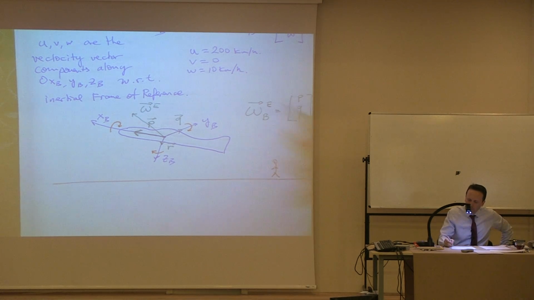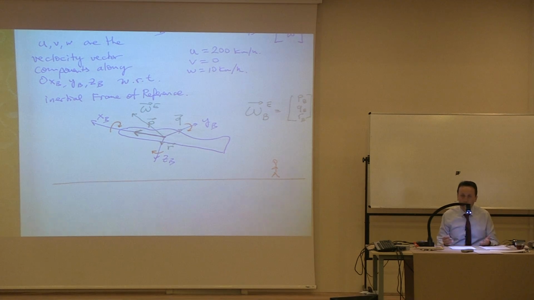In fact, because it's with respect to Earth, we might want to put a little b over here to denote that it is written in the body fixed coordinate system and this is with respect to Earth.